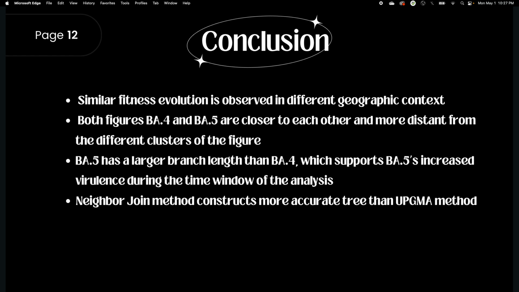So for rapidly changing viruses like SARS-CoV-2, Neighbor-Join is more accurate because we can see the variance in fitness from the tree. But for the UPGMA method, the branch lengths are the same, which is not that efficient in understanding the evolution of this kind of rapidly mutating virus.